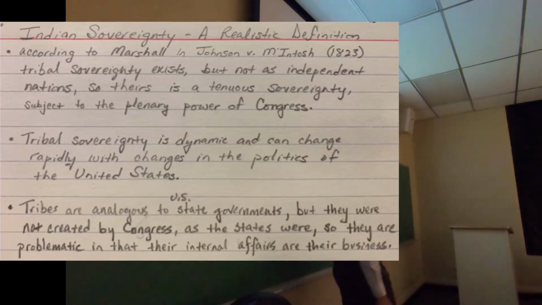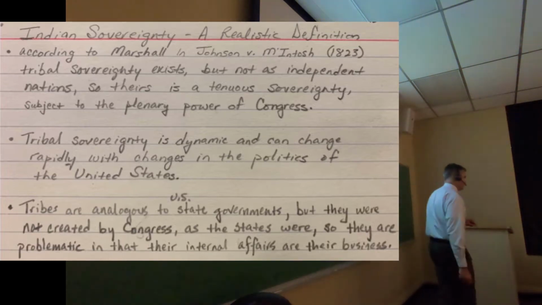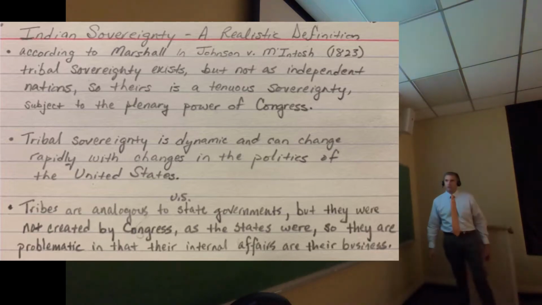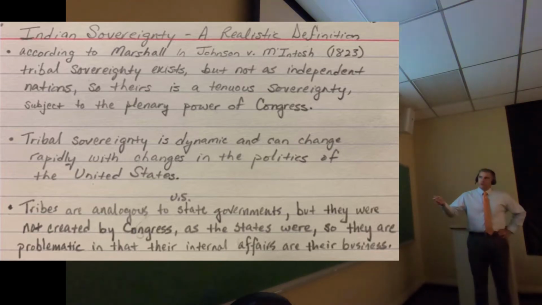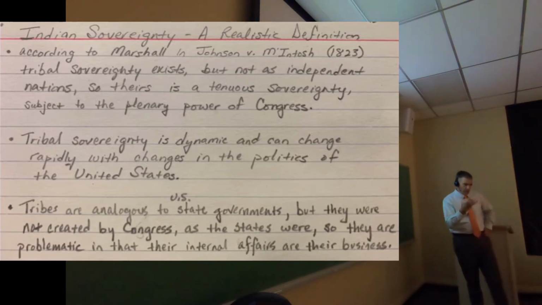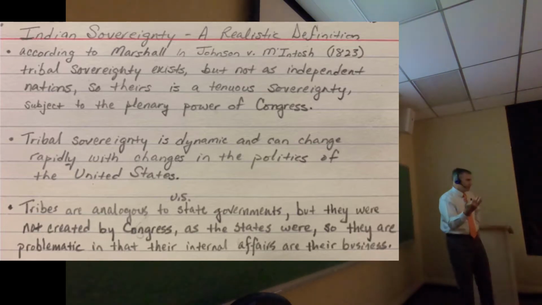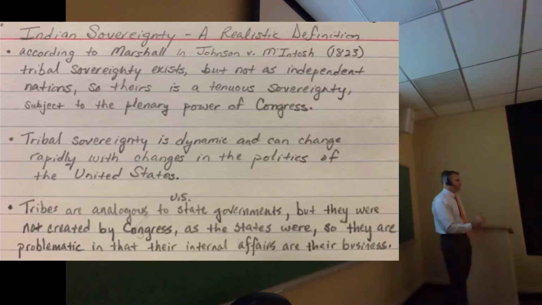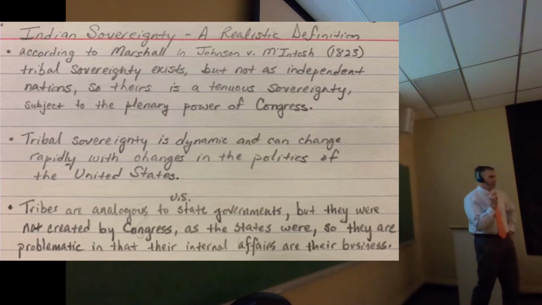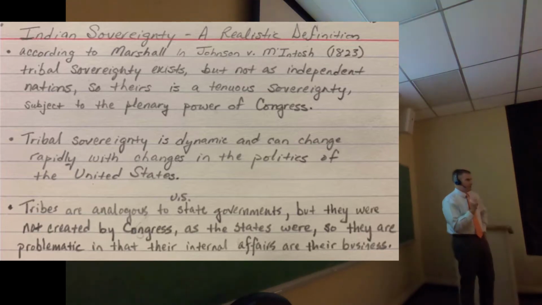The federal government can, but generally chooses to allow them autonomy. So in some ways, tribes are like states, but you also have to remember tribes are not spatial entities like states are. Okay? Tribes exist as similar to state governments, but not as territorial entities at all.